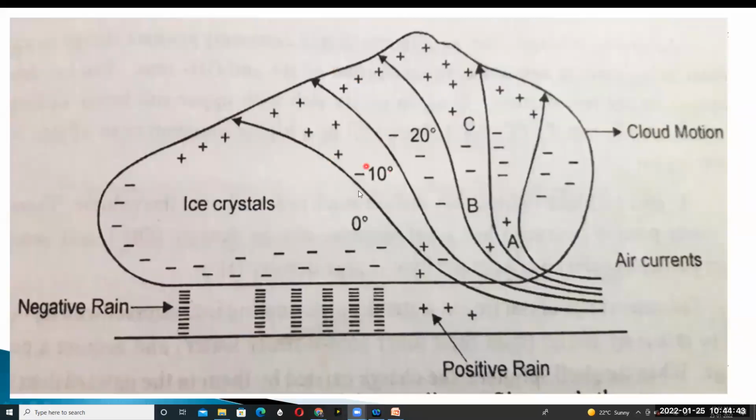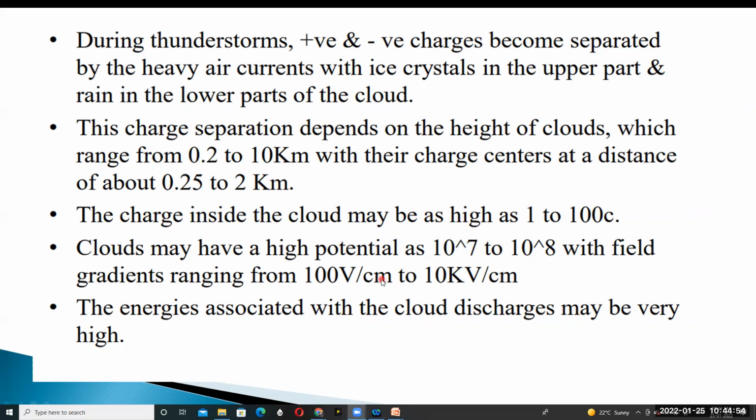For example, this is the cloud: the ice crystals are present in the upper part of the cloud and the rain in the lower part. The factors that contribute to the accumulation of charge in the clouds are many and uncertain.